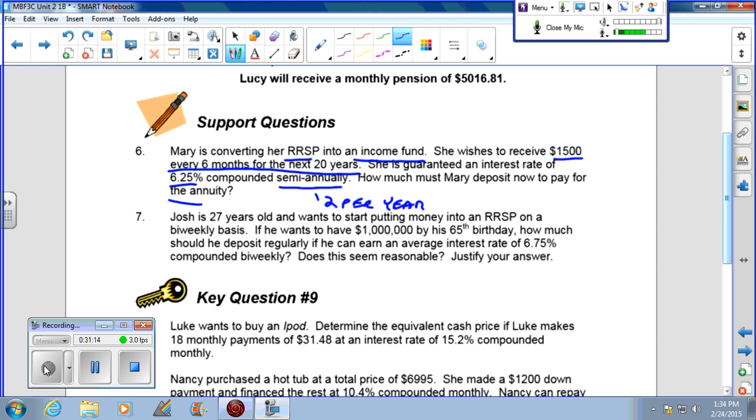This is an interesting type of scenario where she doesn't want a regular monthly income. So obviously Mary has something else going on. Maybe she has a little side business, or other income. Some people get company pensions, maybe a government pension. But she wants $1,500 every 6 months for the next 20 years.